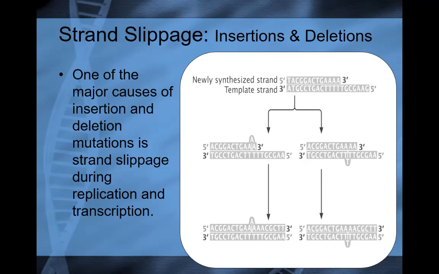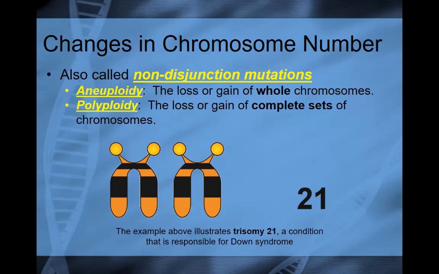The last type of mutation by size I wanted to highlight is that of the chromosome number mutation. These are also known as non-disjunction mutations because they don't do the normal separation process that occurs when we take a look at anaphase.